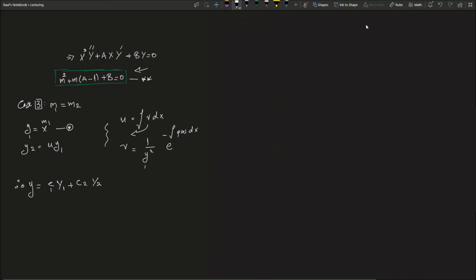We are not going to solve an example on that because we already solved many examples on a similar topic previously that you can go back and watch. So this is the final solution, the way it looks if you have repeated roots for an Euler Cauchy equation.